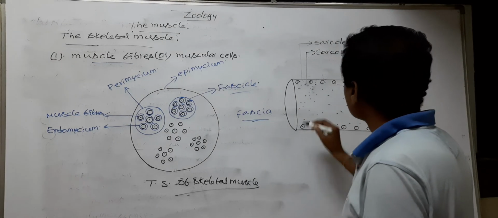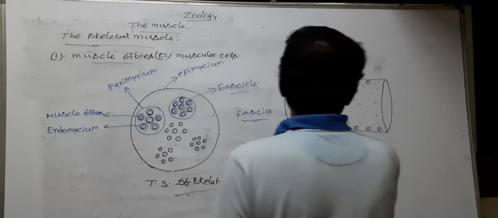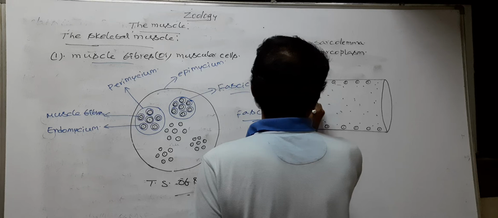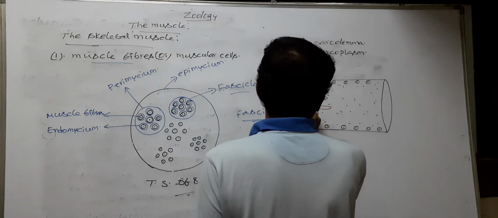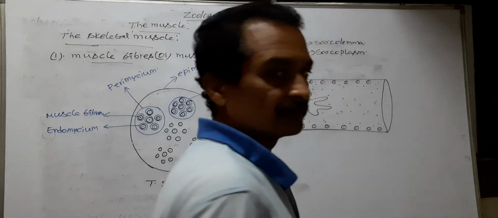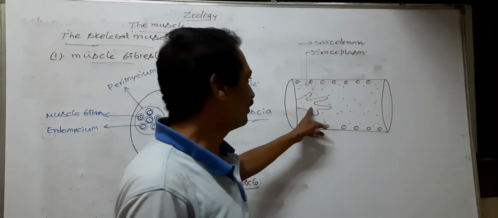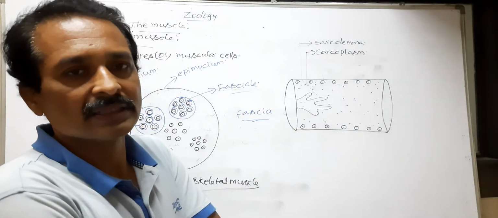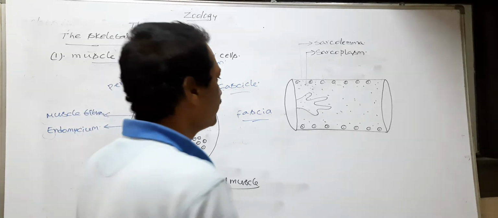Next, the sarcoplasm of the skeletal muscle fiber contains ER, endoplasmic reticulum. The ER in the skeletal muscle fiber is called sarcoplasmic reticulum.